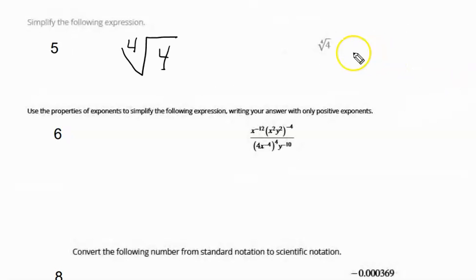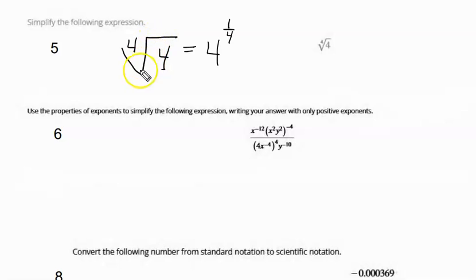Now, in this example, they're asking us to simplify this expression. We could put it in our calculator and get a value for it, but then it wouldn't be an exact answer. So what are we looking for here? Well, we can convert it from its radical form to its fractional exponential form, which is this.